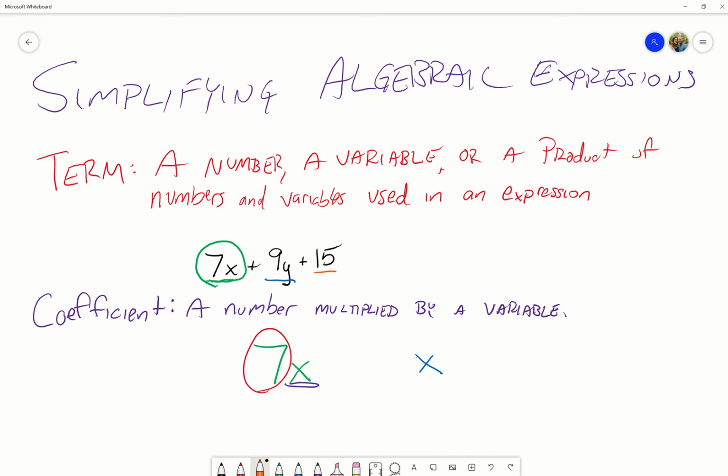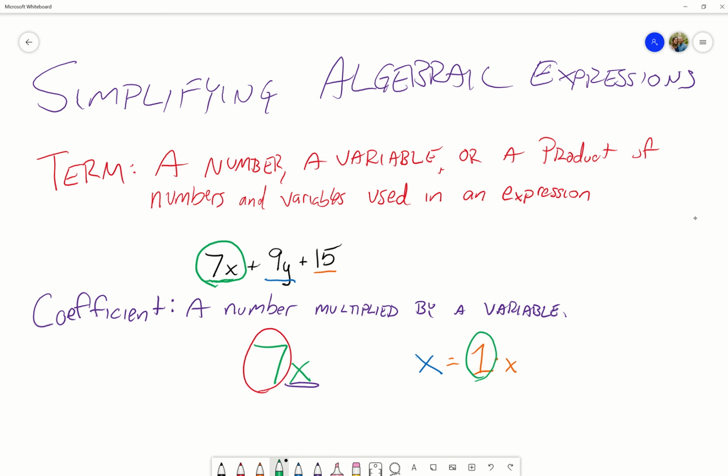I do have a coefficient with x because remember our properties of numbers. One of them was the identity, and so it says you can multiply 1 times anything and it doesn't change it. So when we have a variable all by itself, it really has a coefficient of 1. All right, so any variable all by itself has a coefficient of 1.